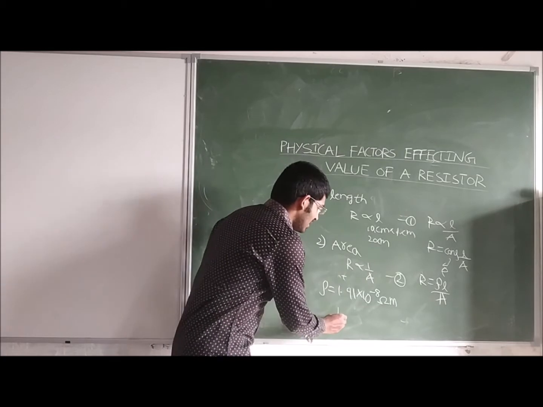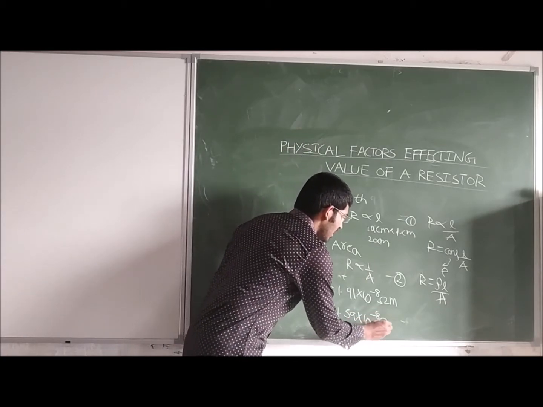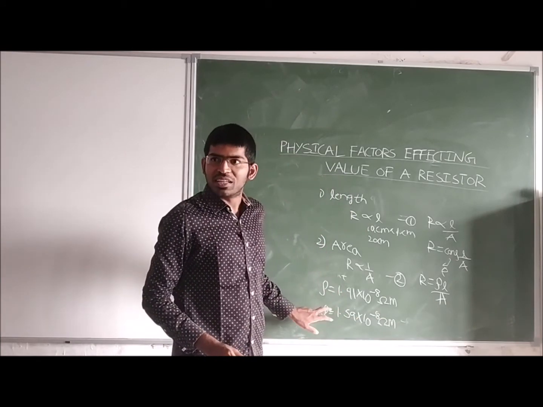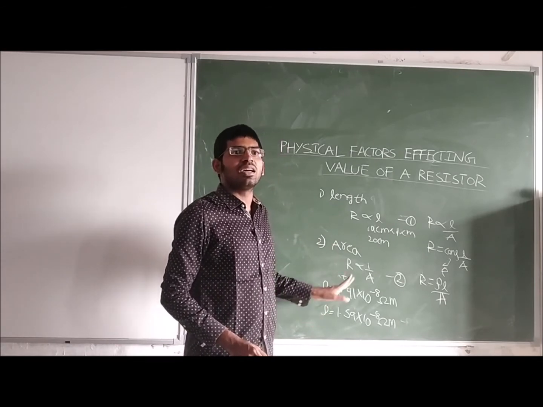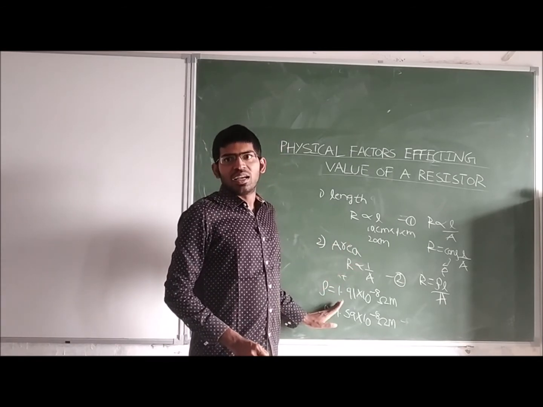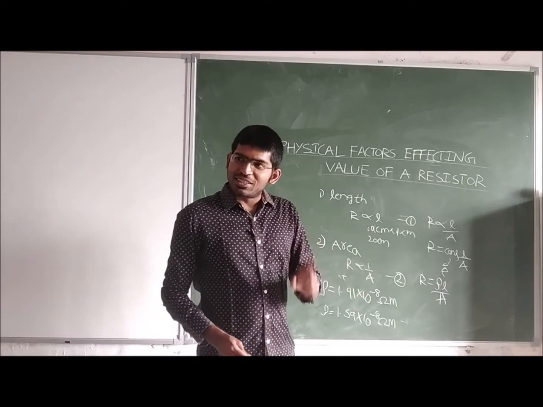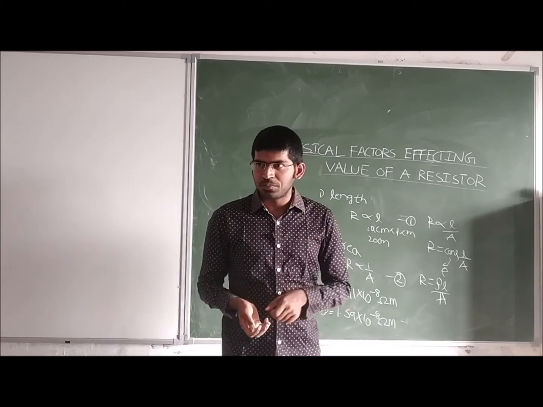Similarly, if we take silver, it is 1.59 into 10 to the power minus 8 ohm meter. So that is the silver resistivity. If we take 10 kg silver or 100 kg silver or 1000 kg silver, the resistivity remains same.